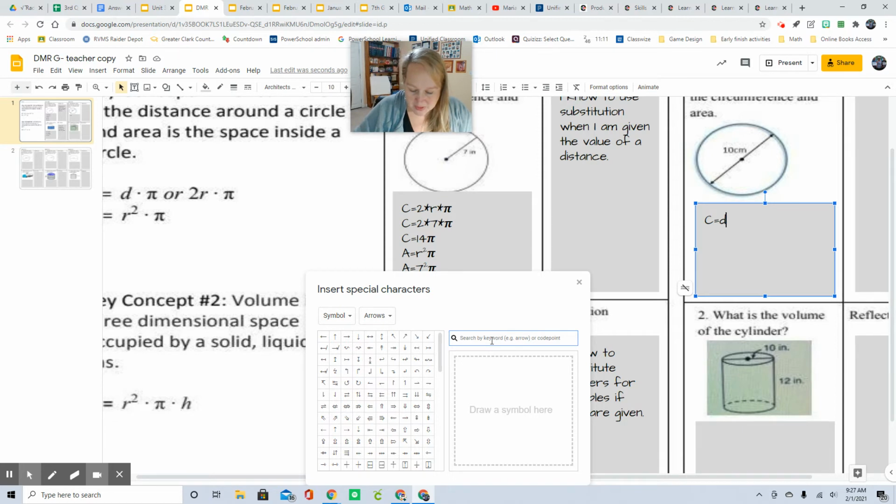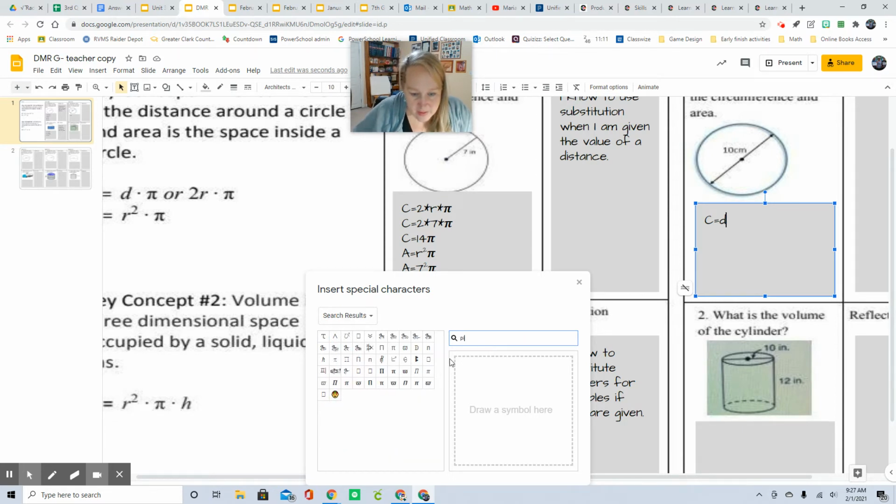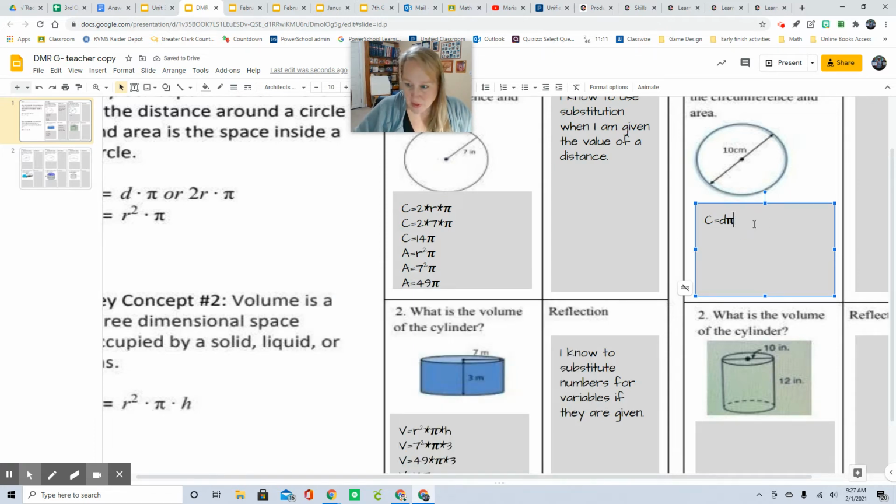Type in PI for pi and pick the one you like. Doesn't really matter. So pi d. Now diameter in this particular instance is 10 because it's going all the way across. So C equals 10 pi.